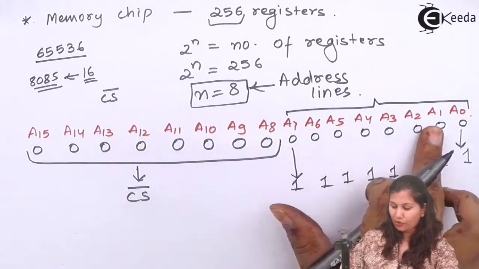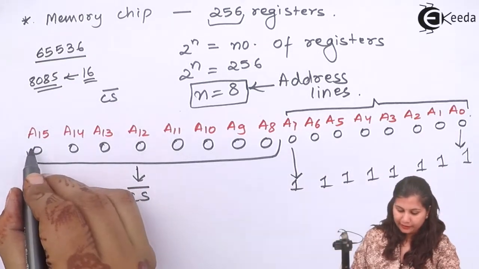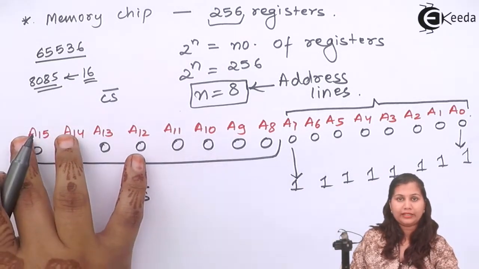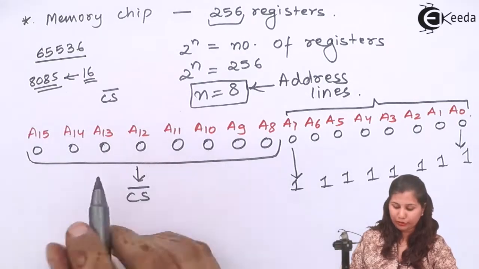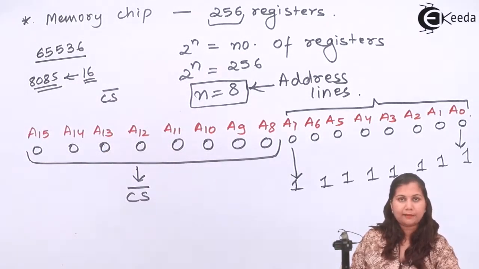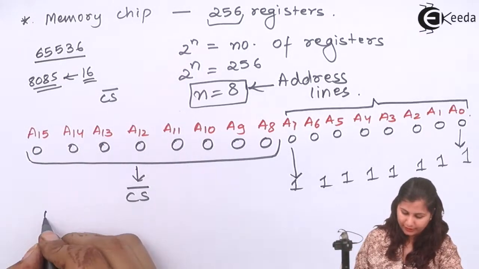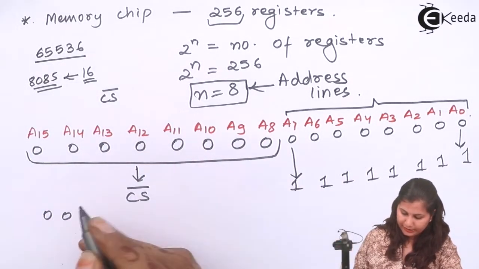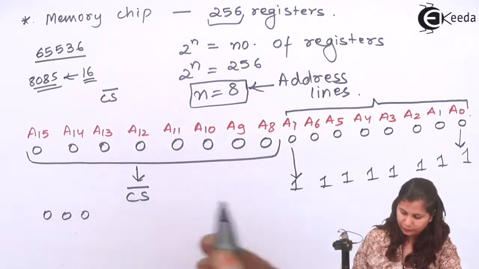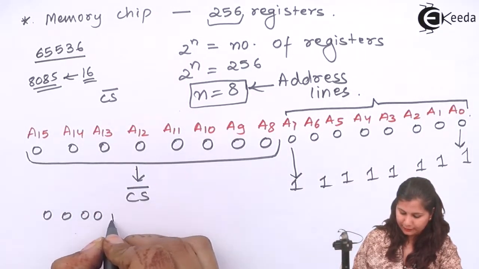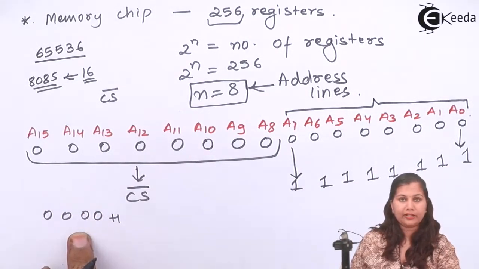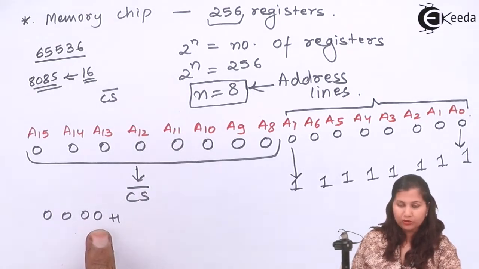When all are 0, combine them. You have to write the address range in hexadecimal notation, so 4 bits are combined to form 1 hex digit. This is 0, these 4 are again 0, these 4 are again 0, and the last 4 are again 0. So the first address is 0000.